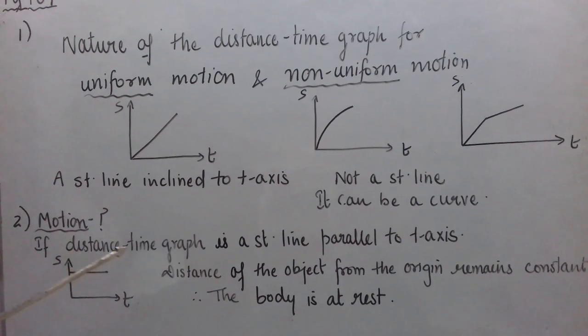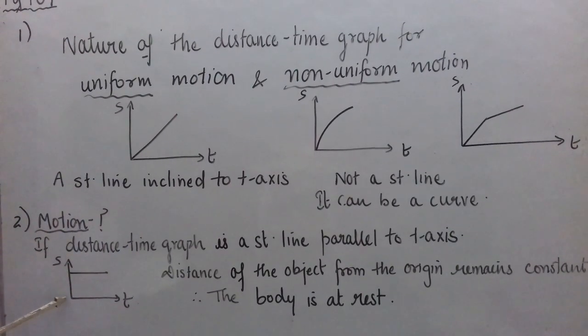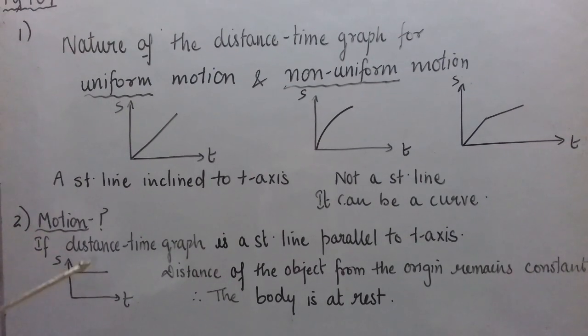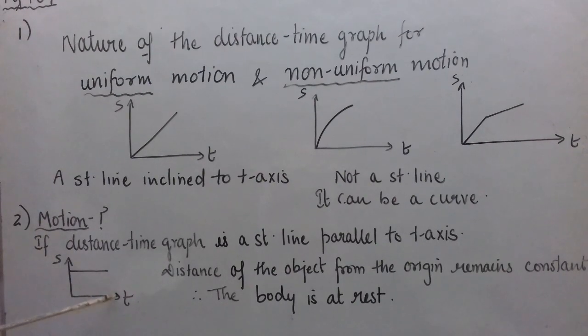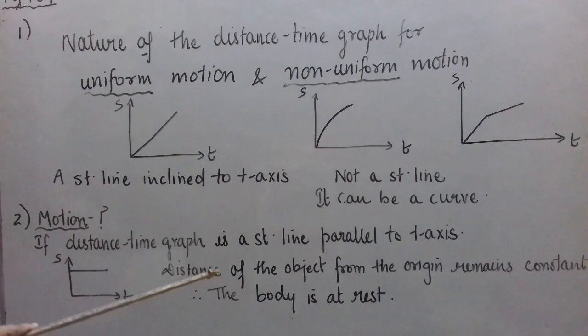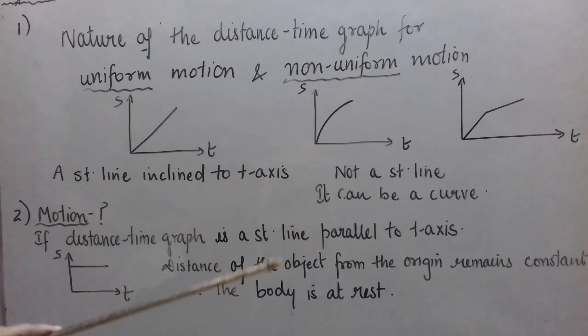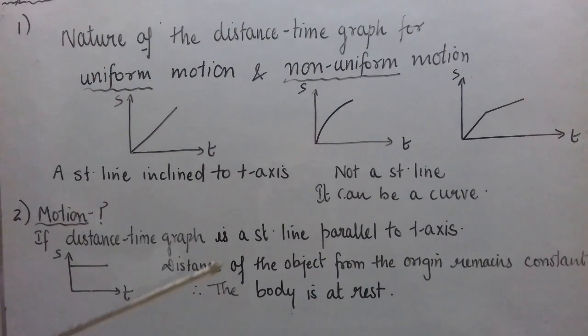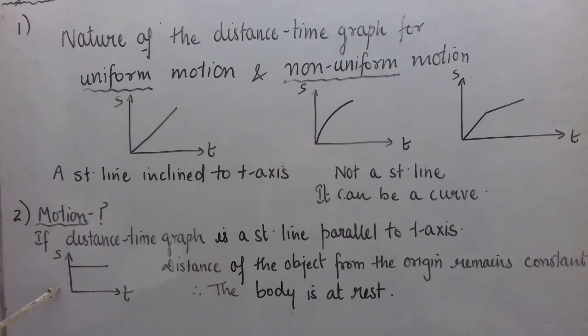Or if we consider distance time also, we can assume that the body is already some distance away from the origin, and this graph is parallel to the time axis, meaning as time passes, this distance is not changing. So the distance of the object from the origin remains constant. That is the case when the body is at rest. So our answer will be the body is at rest or it is stationary.